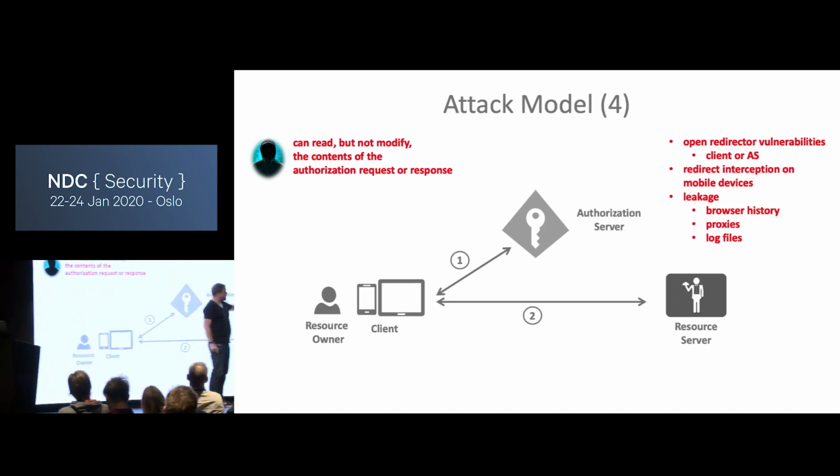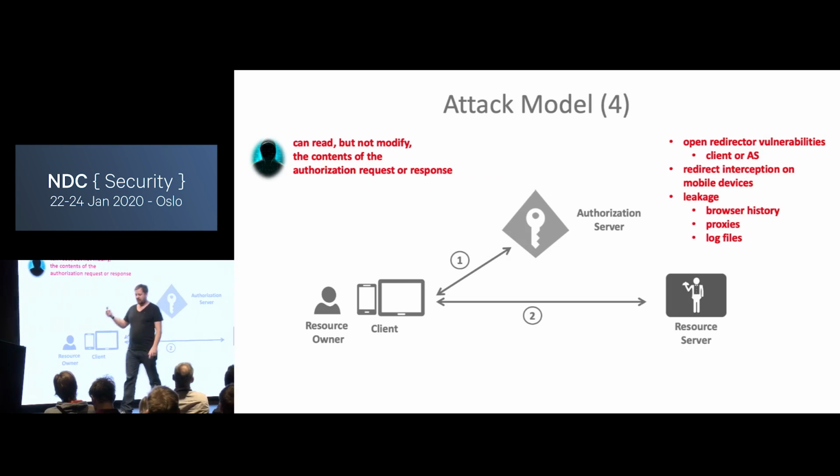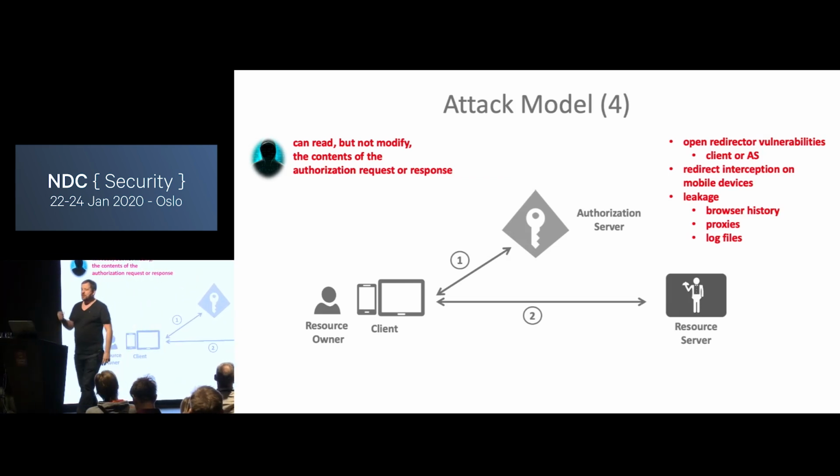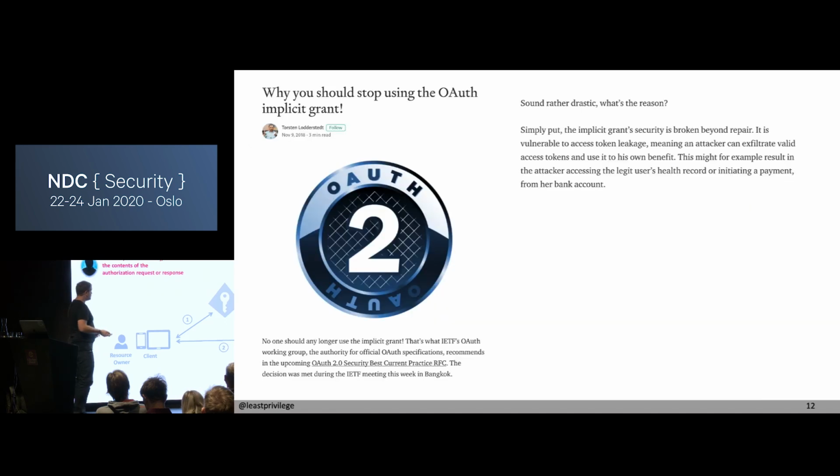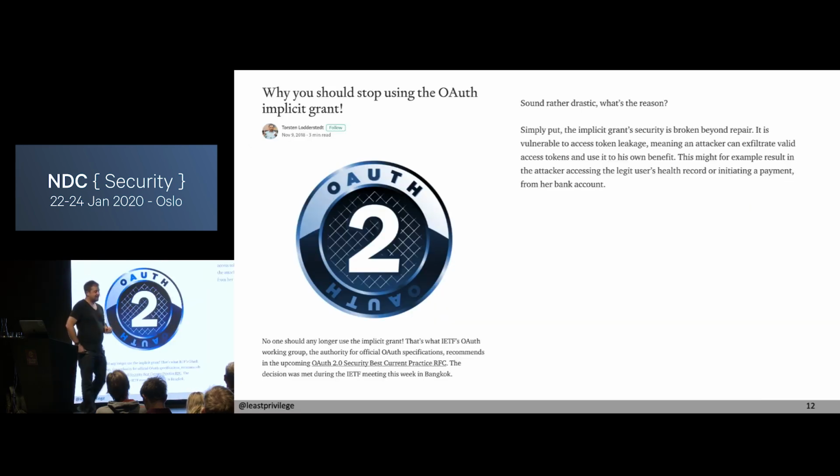Maybe somebody can intercept the redirection on a mobile device. Maybe you are leaking network packages in log files or in proxies or in the browser history. All of these things. These are by far the most common attacks we see. And the good news is they can all be fixed by writing the right code.